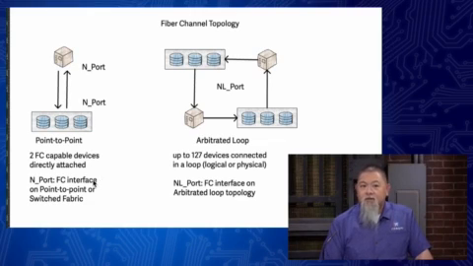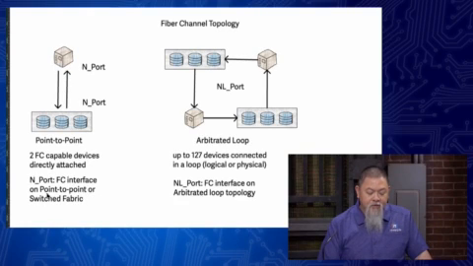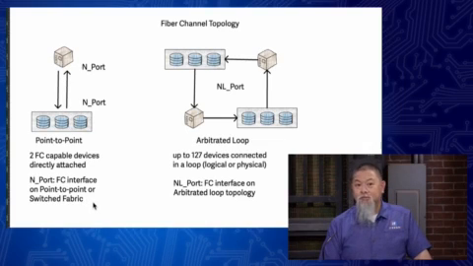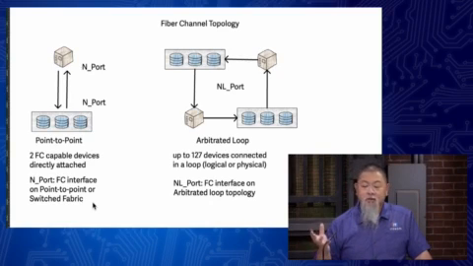Now, you can see where I have this down here at the bottom, Fibre Channel interface on a point-to-point or a switched fabric? Now I've just thrown a new term in there, because when we start talking about a switched fabric in Fibre Channel, these are specialized switches that essentially run Fibre Channel.